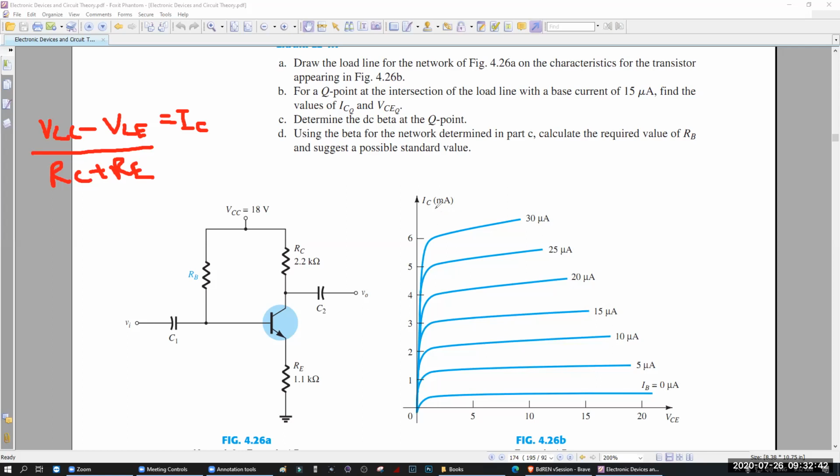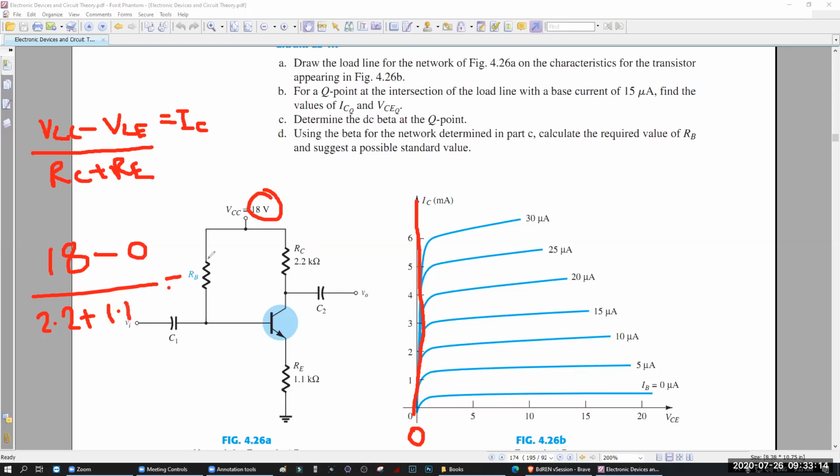Now here, see, in this line, what is the value of VCE? 0. So I'm going to put 0 here. If I put 0 here, what is the value of VCC? 18. 18 minus 0 divided by RC. What is the value of RC? 2.2. What is the value of RE? 1.1.